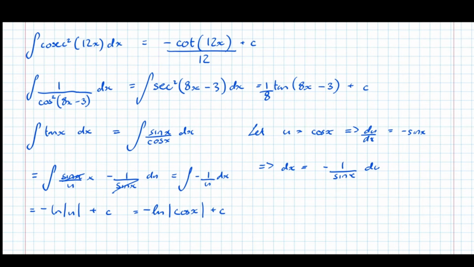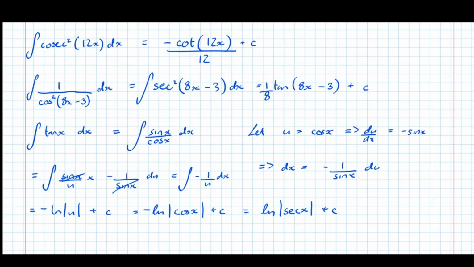So actually that becomes log of, and the power minus 1 means reciprocal. The reciprocal of cos x is sec x plus c. So that now says cos x to the power of minus 1, i.e. the reciprocal of cos x, which is sec x. So there's that result there.